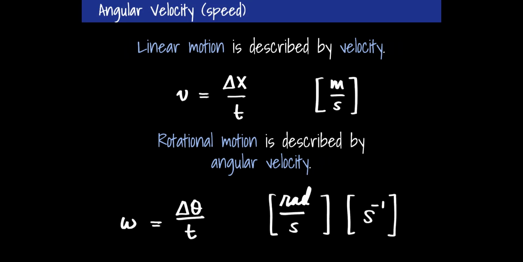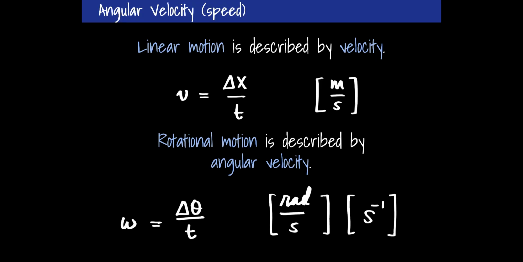Once I have a displacement, delta x, I realize that those displacements happen in time. And so I create the quantity known as the velocity. Linear motion in a straight line is described by the velocity. You just take the displacement in meters and divide by the time of the displacement in seconds, and you get the velocity in meters per second.